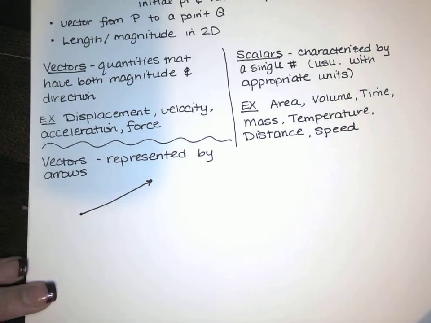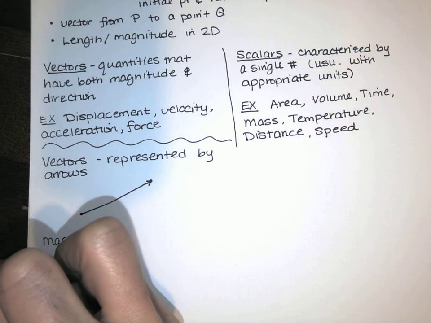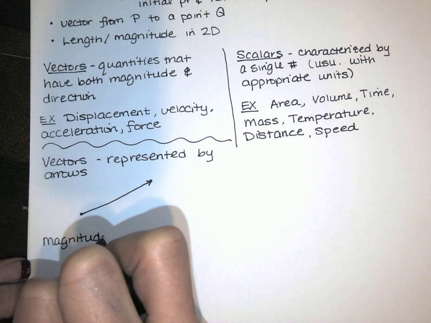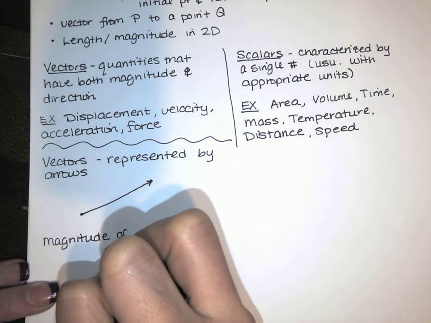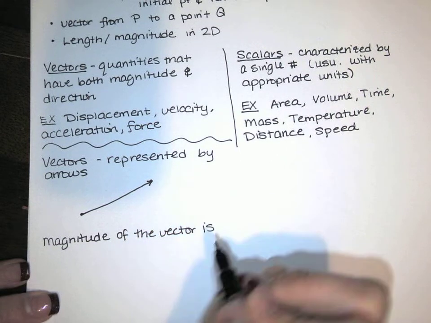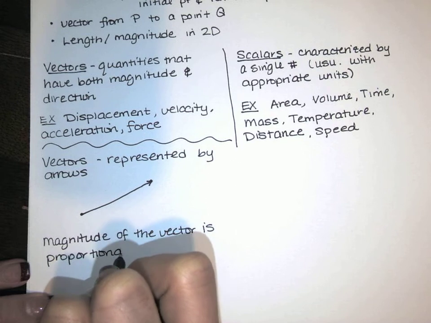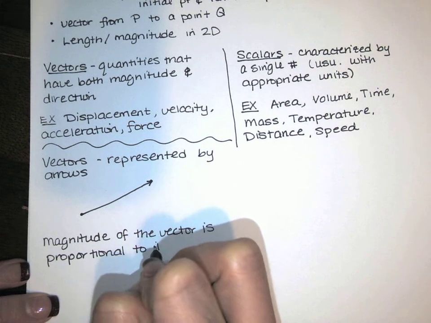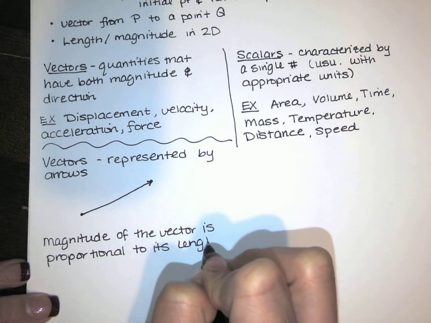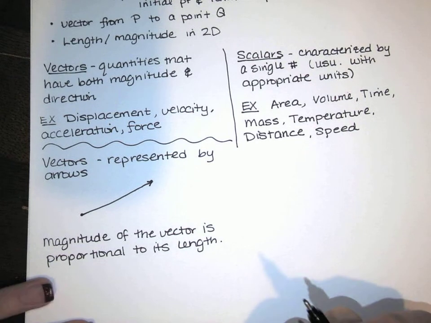And the magnitude of the vector is proportional to the length of the arrow. Sometimes if we are not thinking of some physical application, we'll say that the magnitude and its length are the same thing.